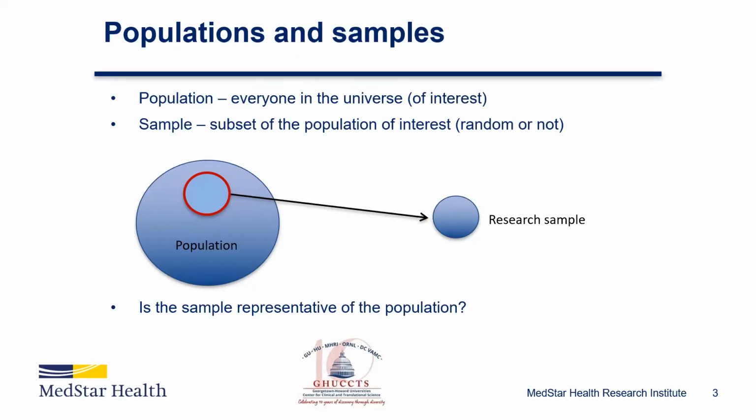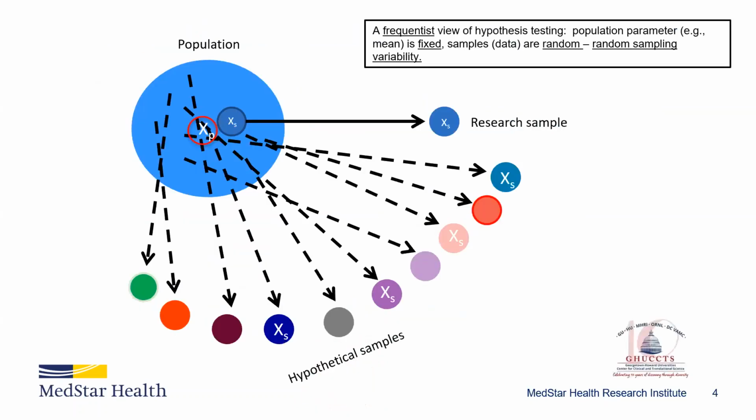And then when we do research, we draw a sample from that population, and we conduct our statistical analysis on the research sample. And so we basically want to know, is our sample representative of the population? And so in terms of a schematic, here's the sort of the idea.